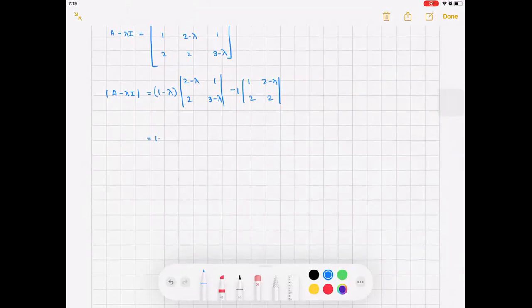So 1 minus lambda, this is 2 minus lambda multiplied by 3 minus lambda minus 2, minus 2 minus 2 into 2 minus lambda.